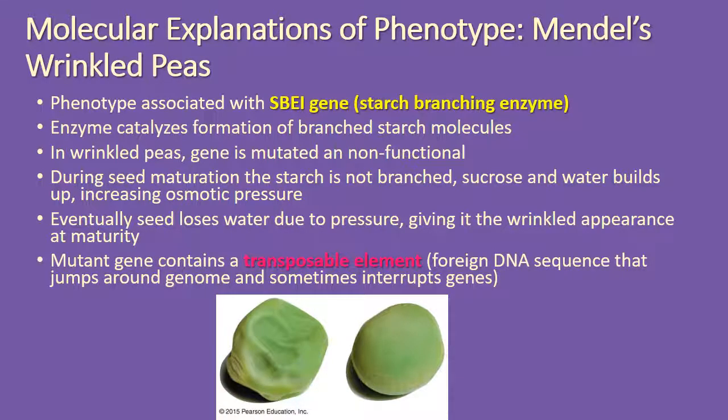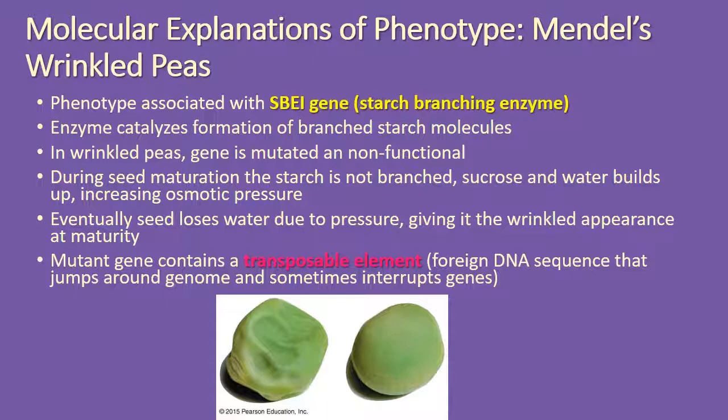So what gets even more interesting is when they actually analyze this mutant gene, they find that it has something in it called a transposable element. So this is just a sequence of DNA that's a foreign piece of DNA that's kind of wedged itself into this gene and interrupted the gene sequence so that it's no longer functional. And these transposable elements are found all over the genomes of all kinds of organisms.